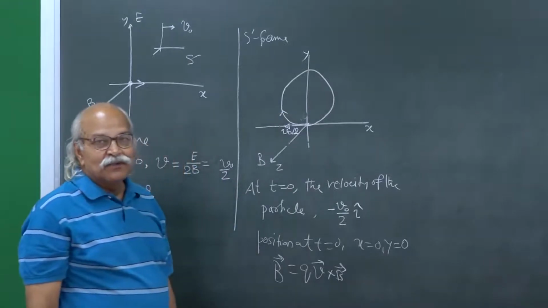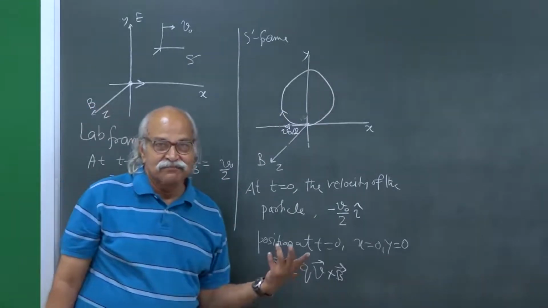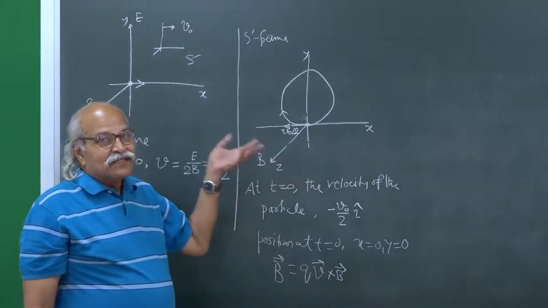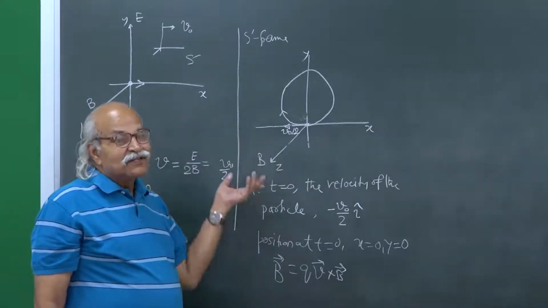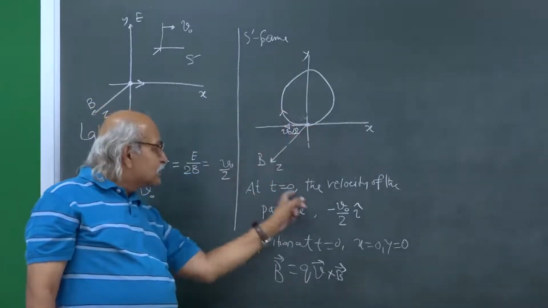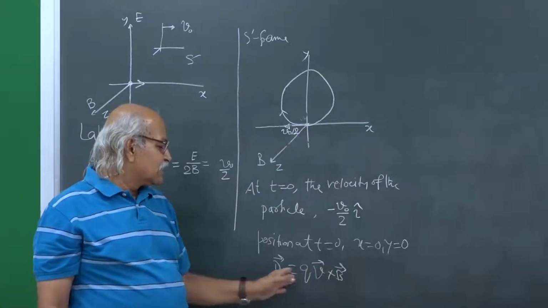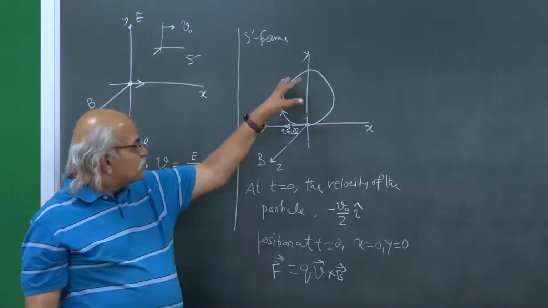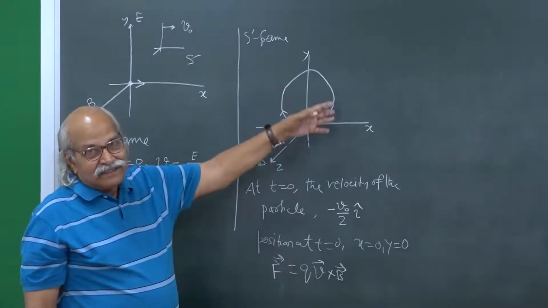That is the motion in S prime, very simple, just a constant magnetic field and particle projected perpendicular to the magnetic field. So, it goes in a circle. You only have to work out whether it is this circle or it is this circle. So, for that we see the direction of the force, and then in the direction of the force there is a bending, and hence it goes like this.